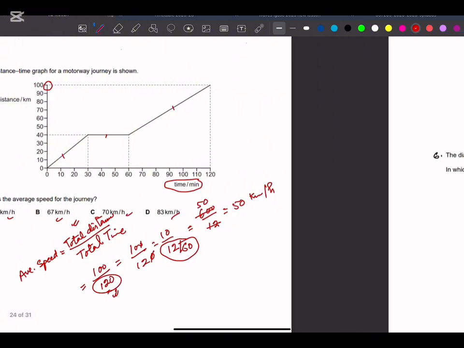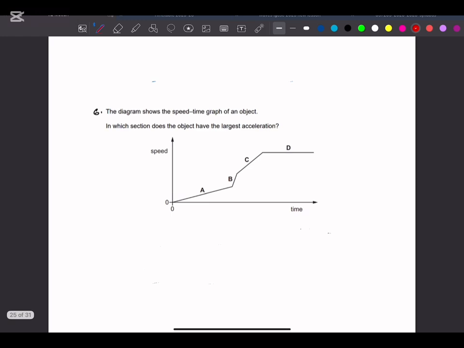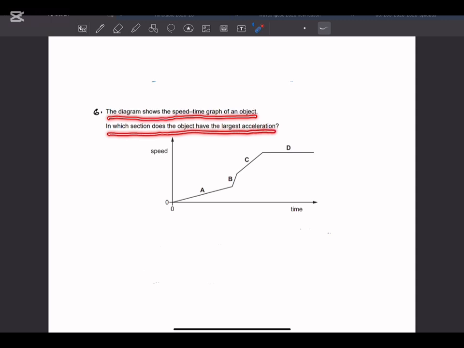Okay. Then we have a question based on the speed time graph. As you can see, the diagram shows the speed time graph of an object. In which section does the object have the largest acceleration? Again, you have to recall how you get the acceleration from a speed time graph.